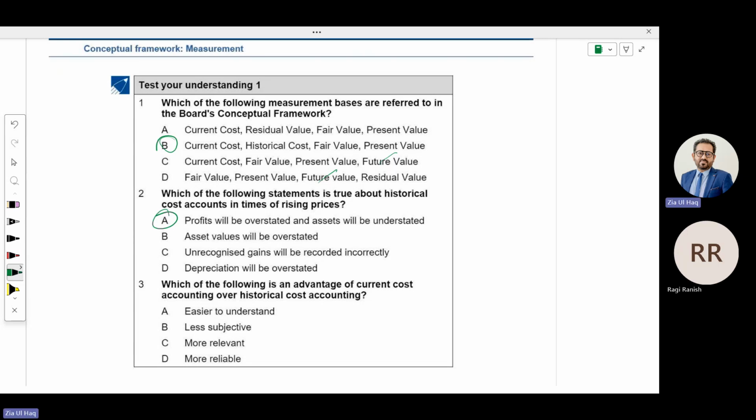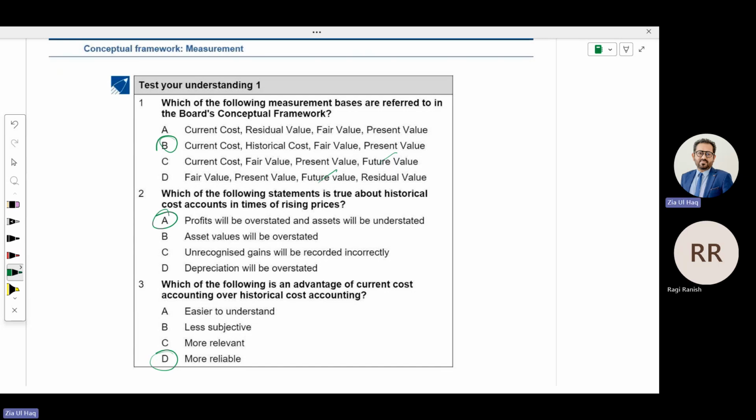Number 3, which of the following is an advantage of current cost accounting over historical cost accounting? Easy to understand, less subjective, more relevant, more reliable. Easy to understand is historical.